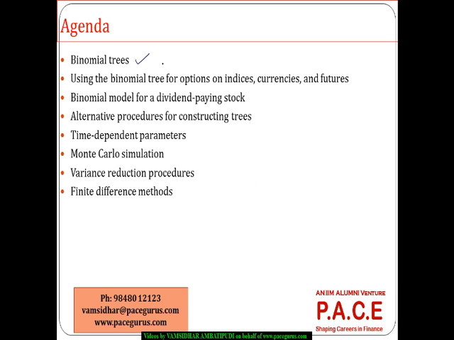We will understand binomial trees as one of the important tools which uses numerical procedures to find the value of the derivatives. So I can use the concept of binomial trees for options on indices, for currency based options and futures based options.